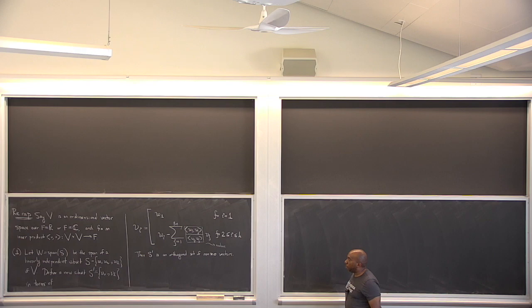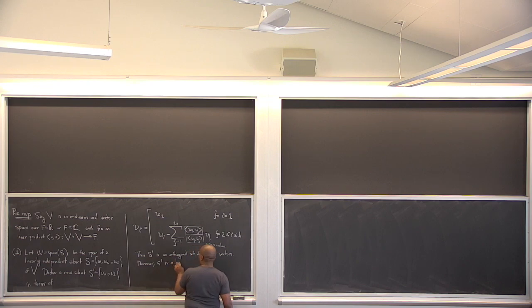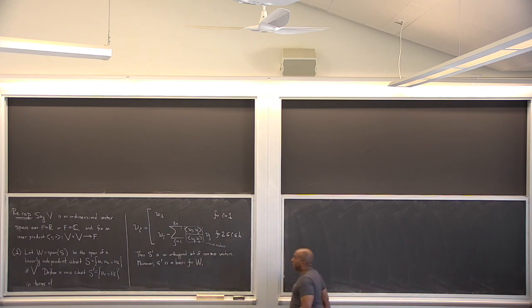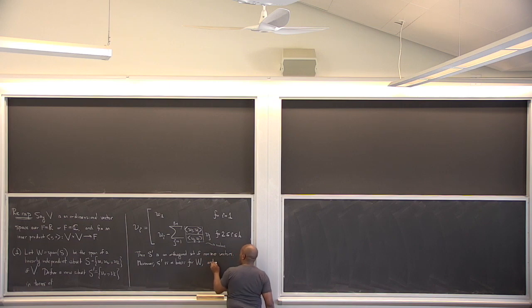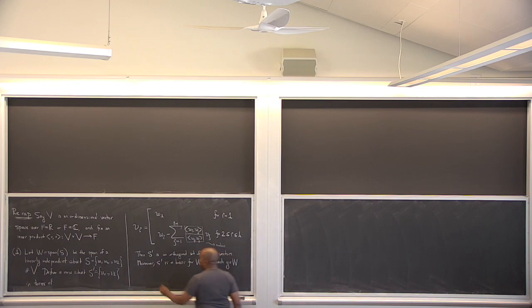Moreover, S prime is a basis for W. So that is, it's not only a spanning set, but it's a linearly independent set. And each element y in W can be uniquely expressed in the following form.